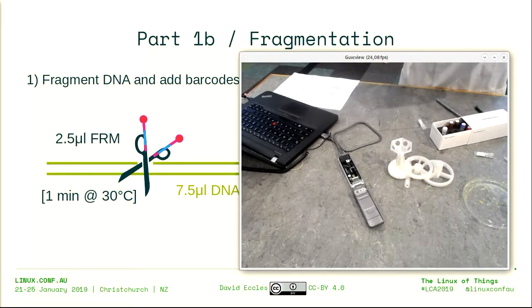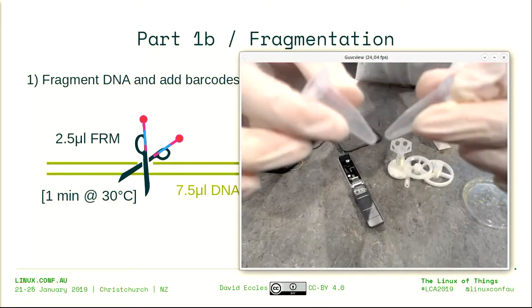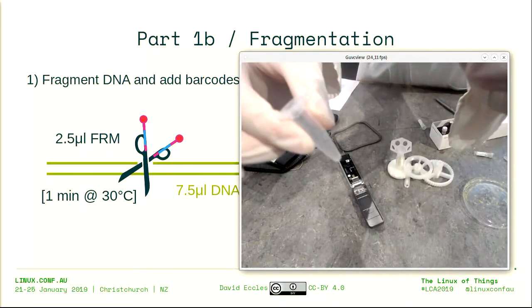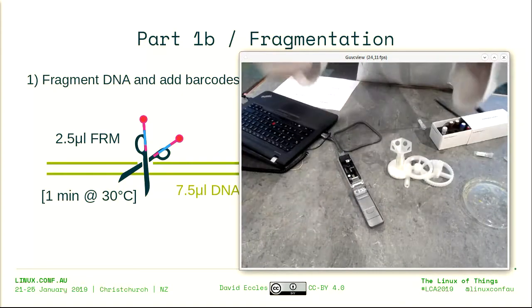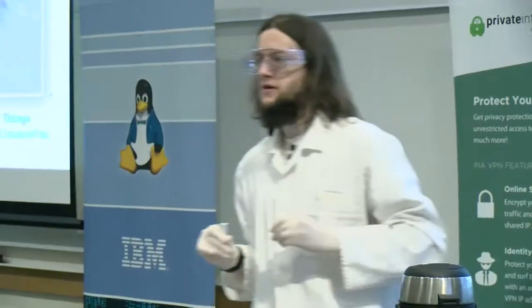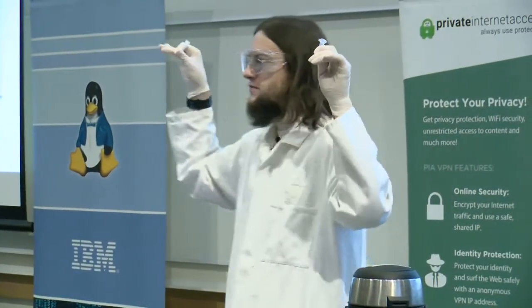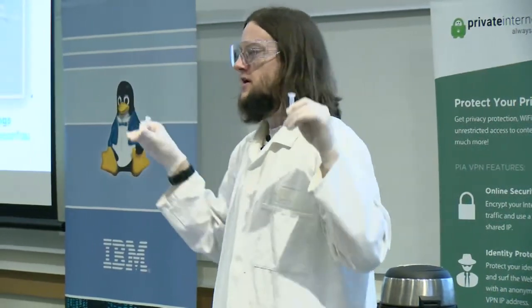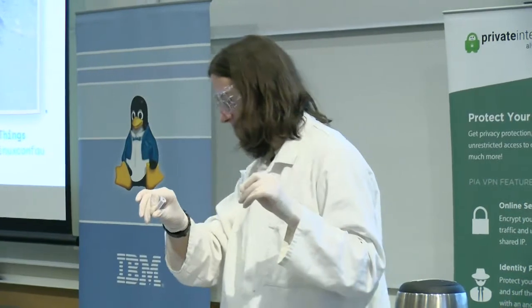So now I have two tubes with liquid. These are meant to be heated for a minute at 30 degrees Celsius. Luckily, I have hands, and hands are an excellent source of 30 degrees Celsius heat.